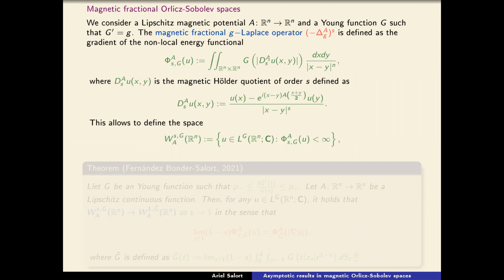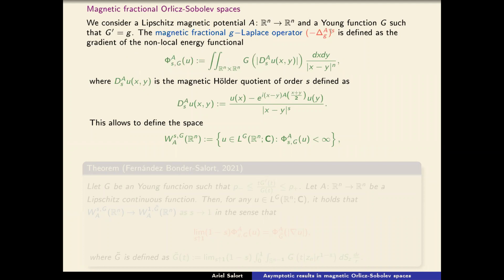Of course, when A is equal to 0, you recover the previous space, the fractional Orlicz-Sobolev space. And when A is equal to 0 and G is a power, you recover the fractional p-Laplacian. So in that sense, it is a generalization.